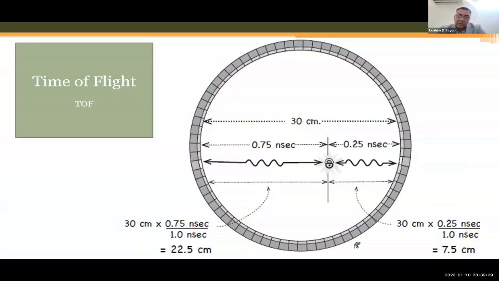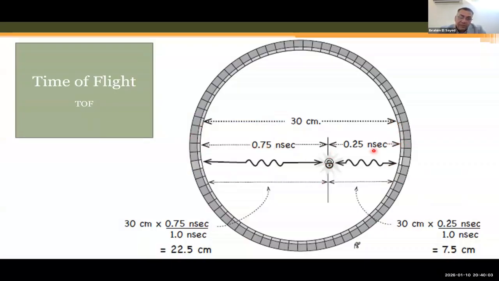Now we have another thing that all of us have heard about, which is time of flight. It's a very easy mathematical calculation. Consider that the distance between this detector and this detector is 30 centimeters, and the annihilation happens here. The time of collection of the photon in this detector was 0.25 nanoseconds, and in the other one 0.75 nanoseconds.